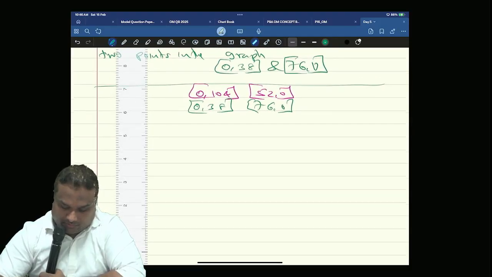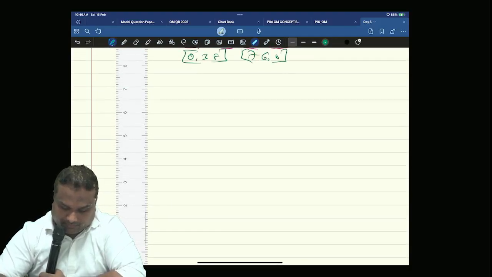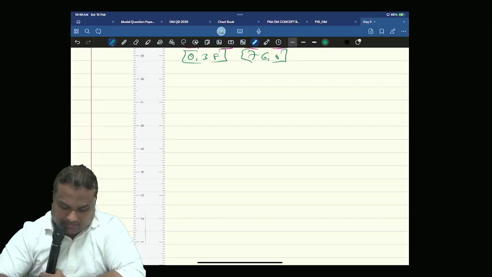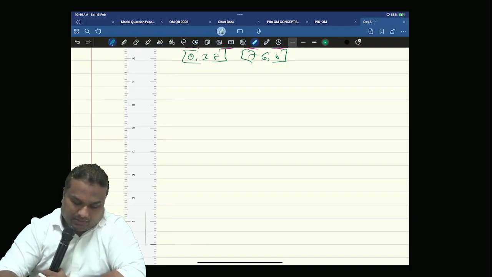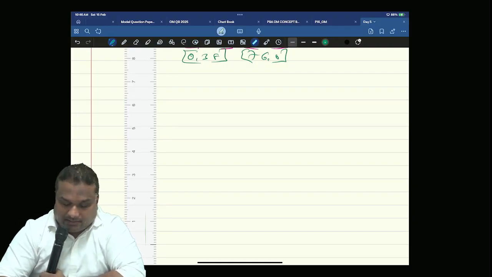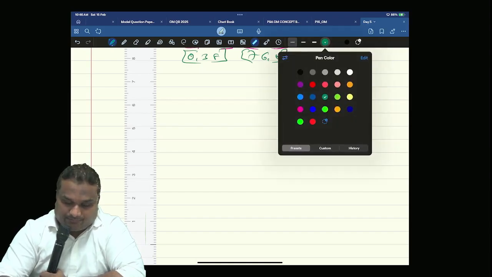So can I take 1 centimeter as 20 units? Is it okay, so that I can manage? If you permit only, I will do. Agreed?